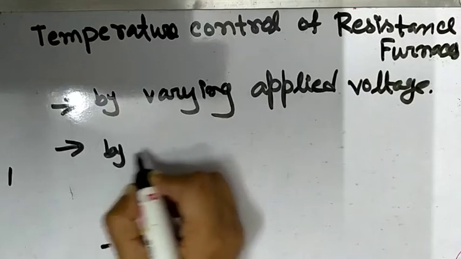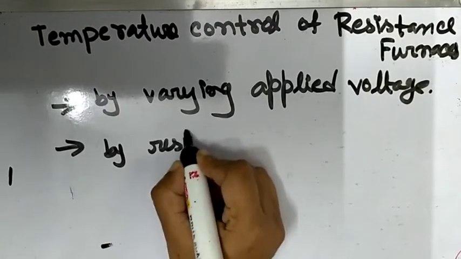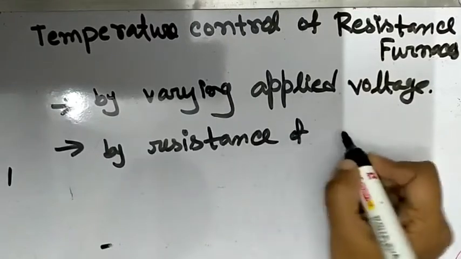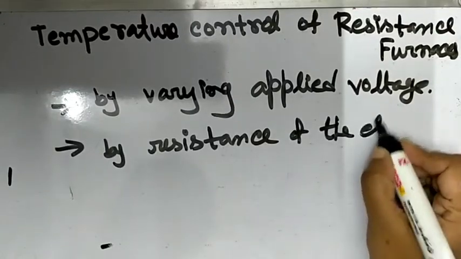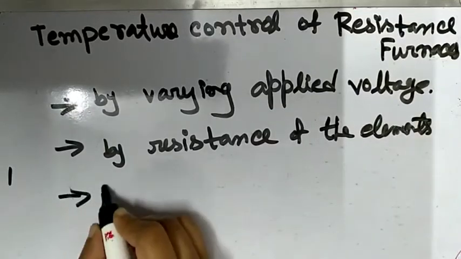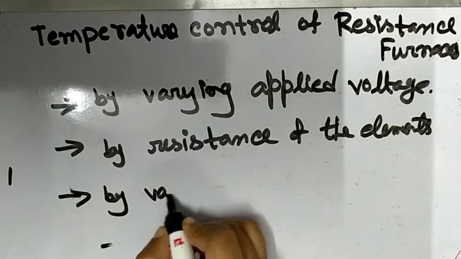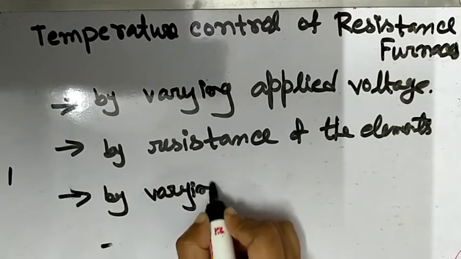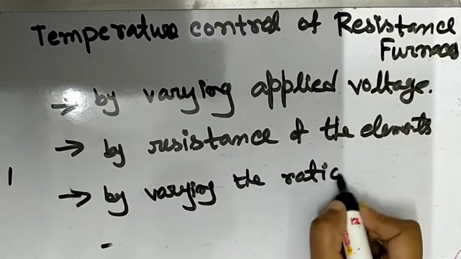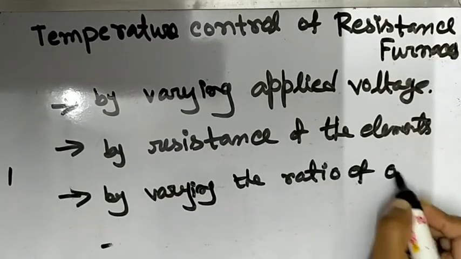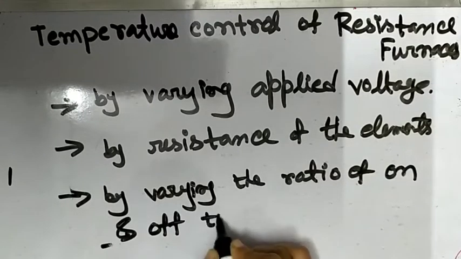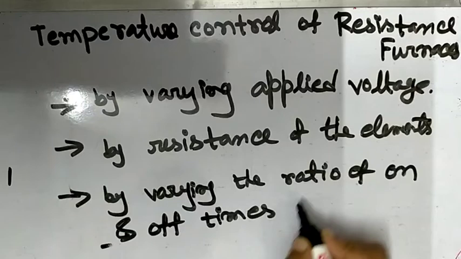Secondly, by varying the resistance of the element. And thirdly, by varying the ratio of on and off times of supply.